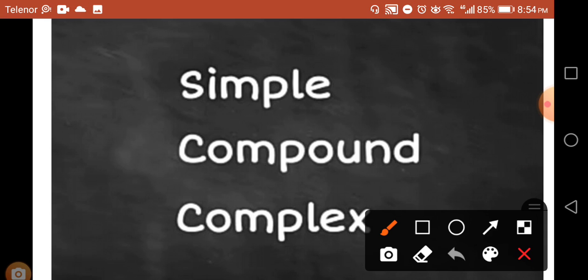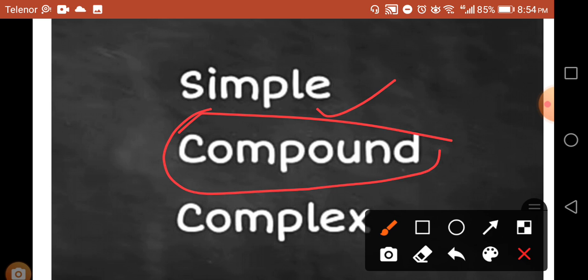Now in the previous video we learned about simple sentences, and we learned that there are four kinds of simple sentences, and with the four ways we can make a simple sentence. Now in a compound sentence, let's see how many sentences we can make through this structure.